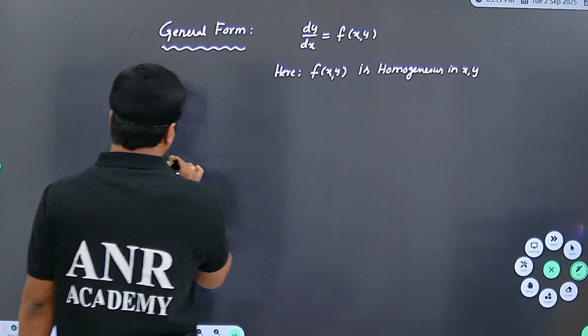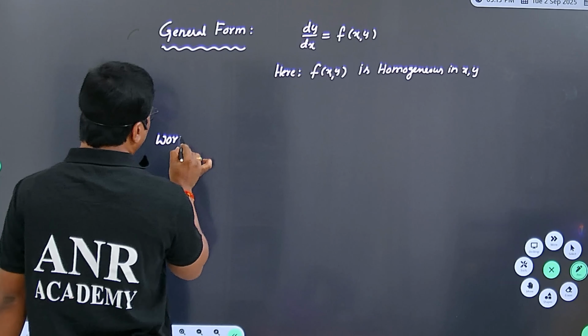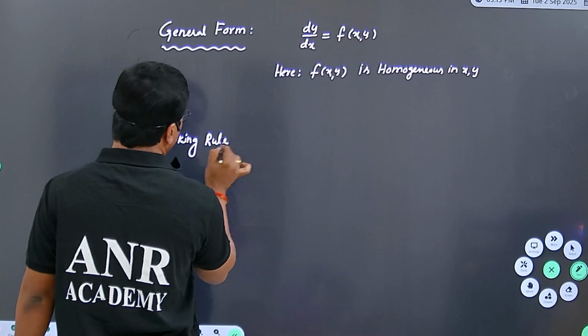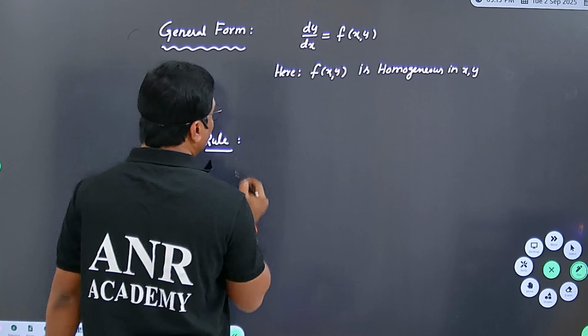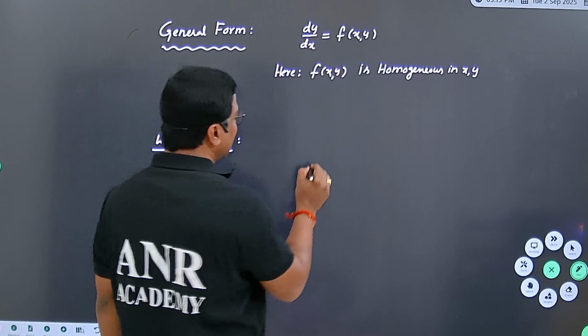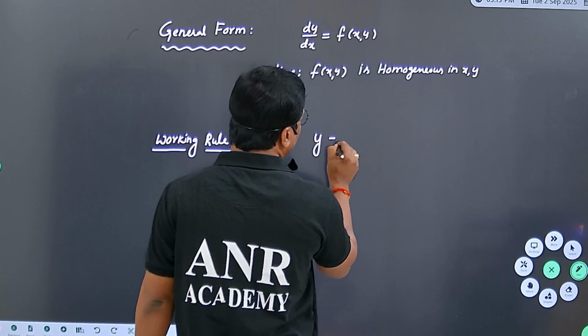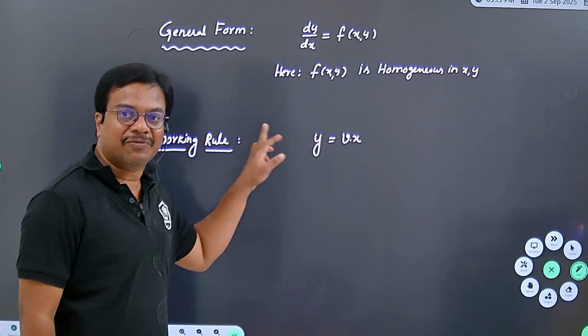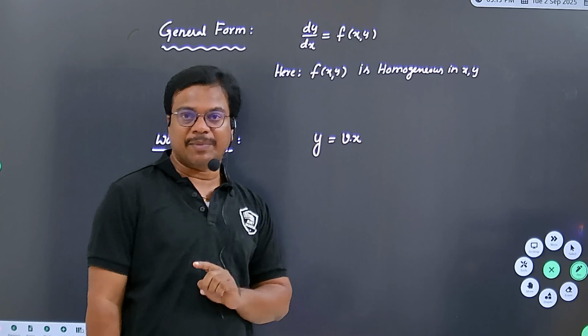And the working rule, by ordinary method: the differential equation is solvable by substitution y equal to v into x. Here the value of v is a function of x, remember.